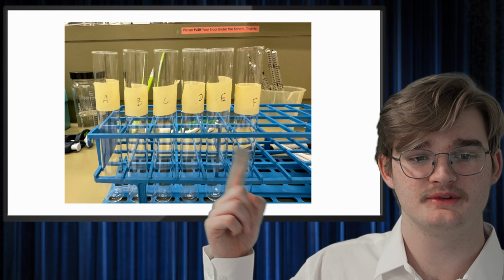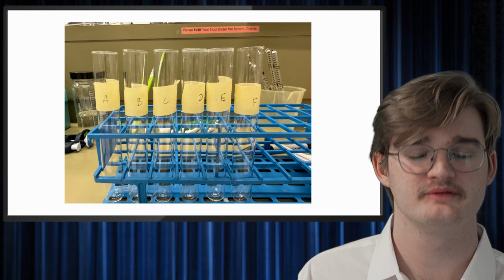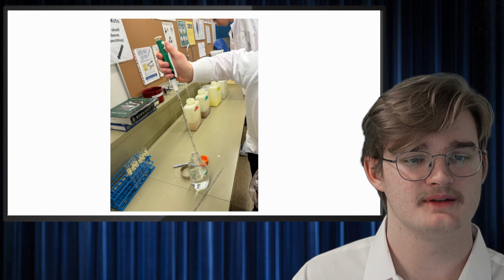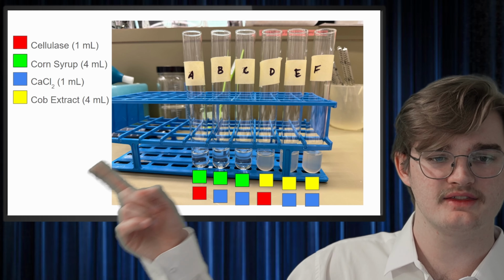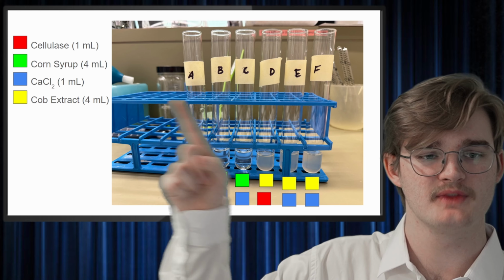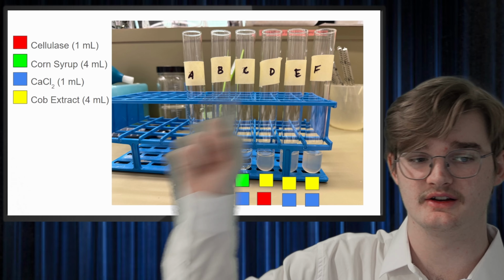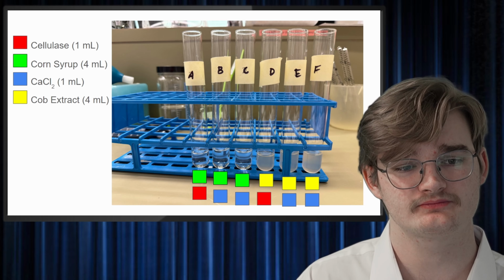So we labeled up six vials here, A through F, and we added different substrates to them. Here we are doing that. And so A through C here all have corn syrup, and D through F here all have 4 mils of cob extract.